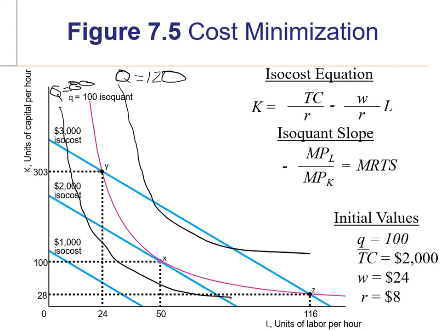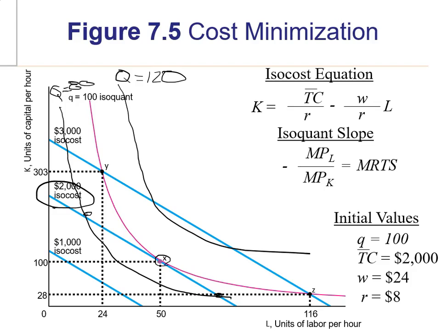And so if you're spending $2,000, you're on this blue line. Can you produce 80? Yeah, you could produce 80 here and produce 80 here. Well, can you get more than 80 spending $2,000? Yeah, this point X here is just tangent.